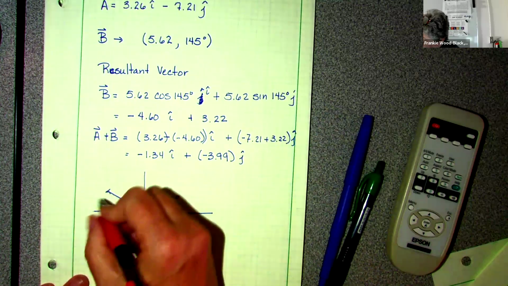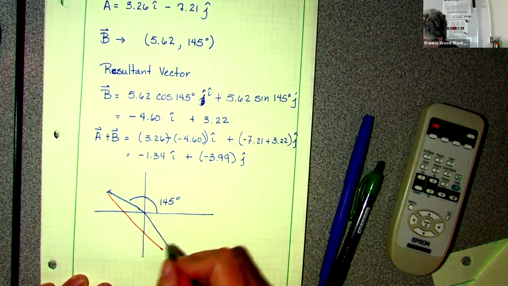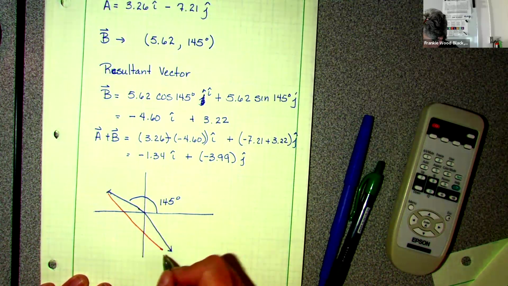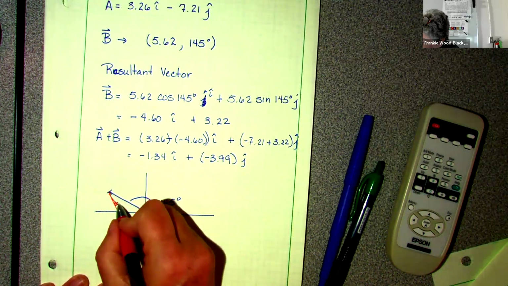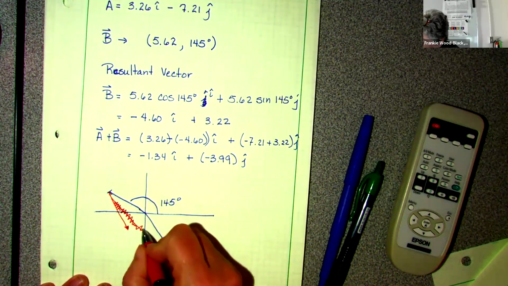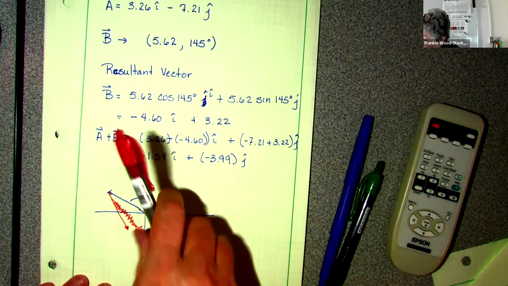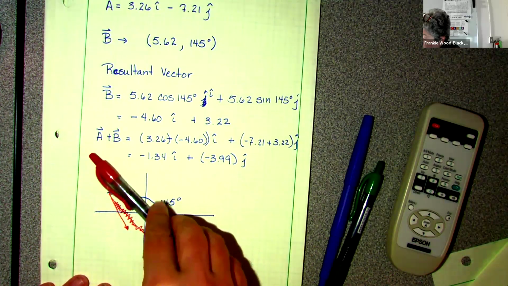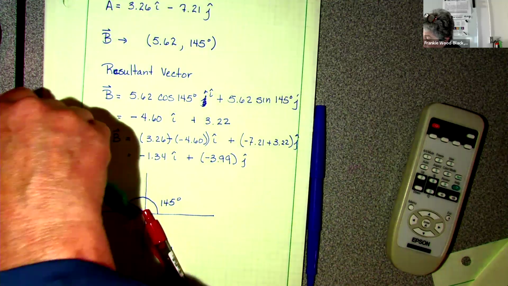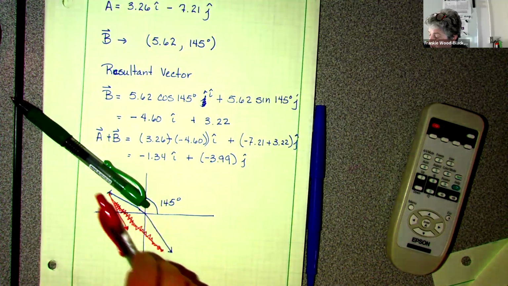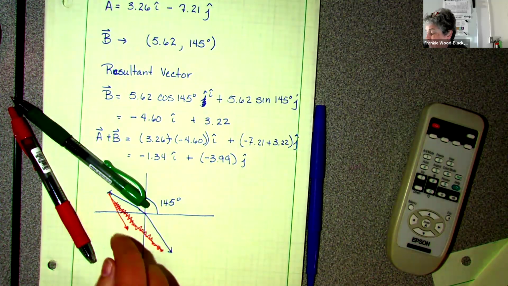So my resultant vector is somewhere down here that looks like that. Nope, it's going to be down in here. Because I'm going to take my vectors and slide them head to tail. So I have one vector that looks like this, and one vector that looks like that. I'm going to slide this vector head to tail, and I'm going to end up getting it down to there, and it's going to end up down in this quadrant somewhere.